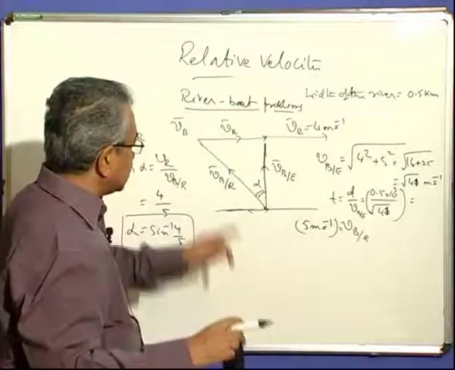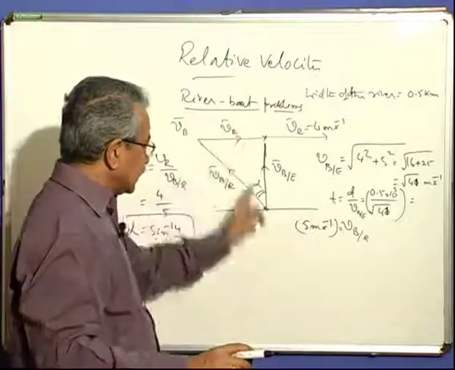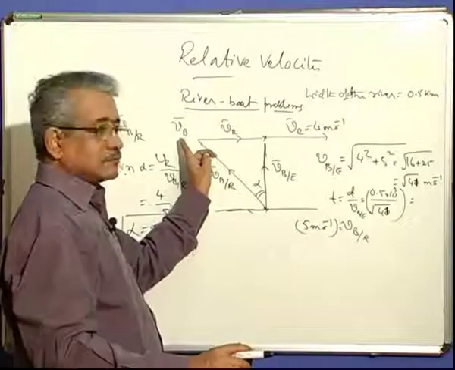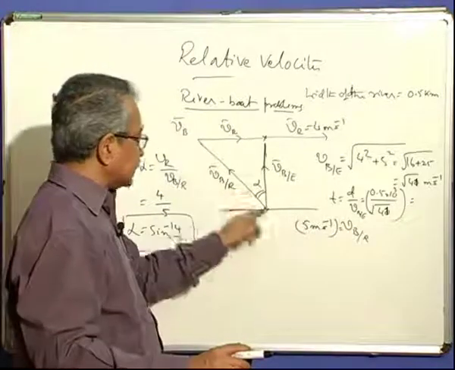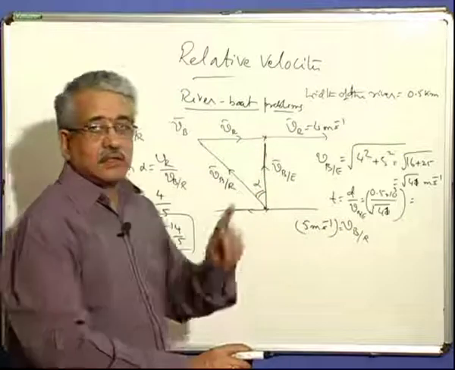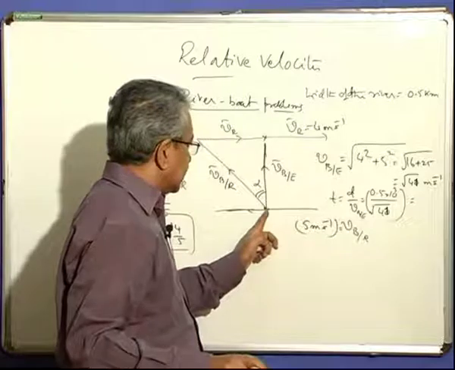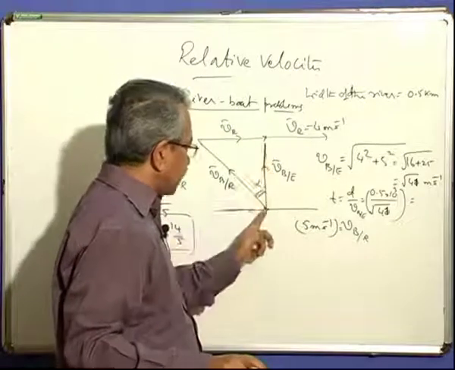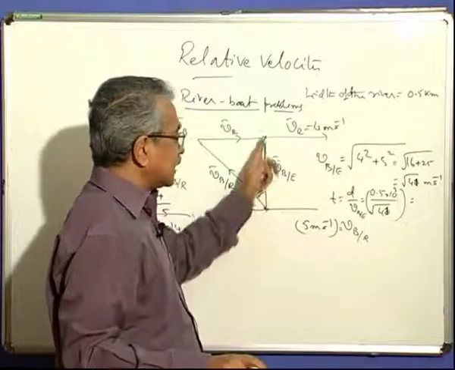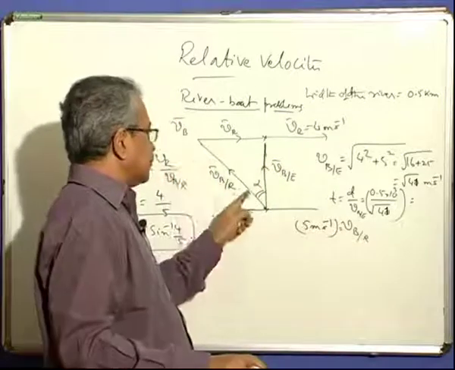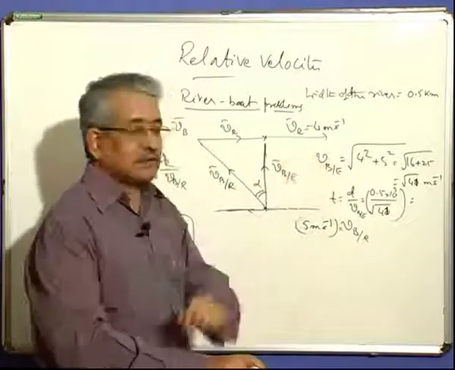So if you want to cross in the shortest time, then you must head like this. If you want to cross with the shortest distance, that means from opposite end to opposite end you want to go exactly like that, then you must start up the stream with an angle alpha given by this equation.